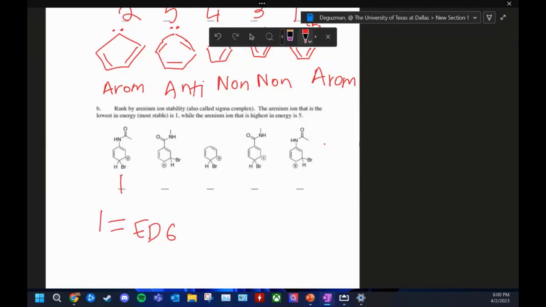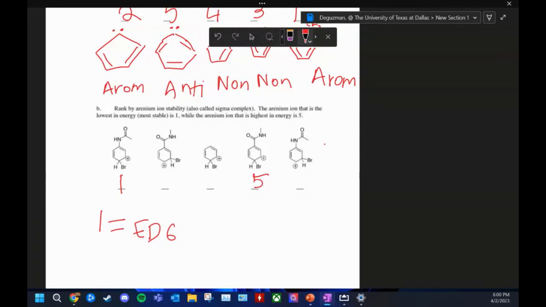The 4th one? So in this case, we have 2 electron withdrawing groups. Perfect. And we also have this positive charge in the meta position to an electron withdrawing group. So that makes it more deactivated. That's a better position to put our positive charge on.